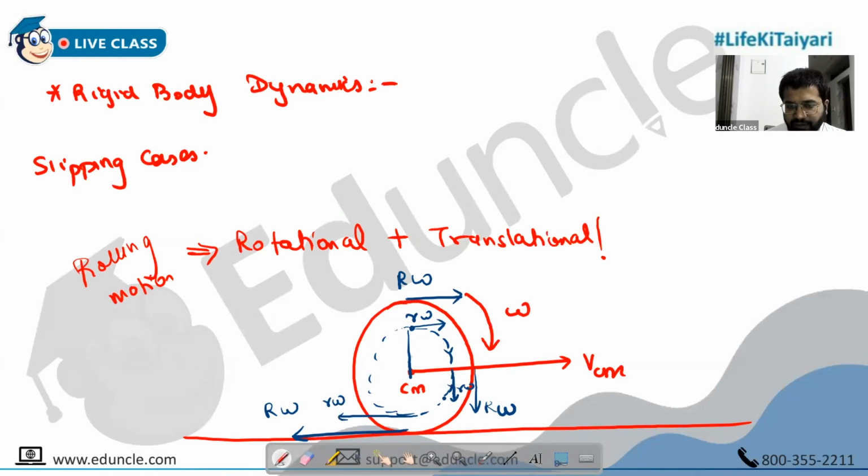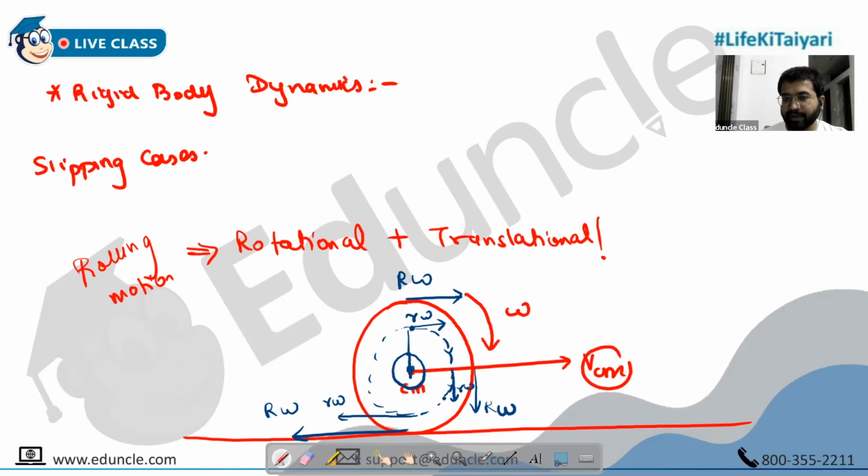As you go towards the center, the value of r decreases, and at the center r becomes 0. At the center there is no tangential velocity; r omega does not exist because r becomes 0. So that additional component becomes 0 at the center. However, at all the other points you have r omega.